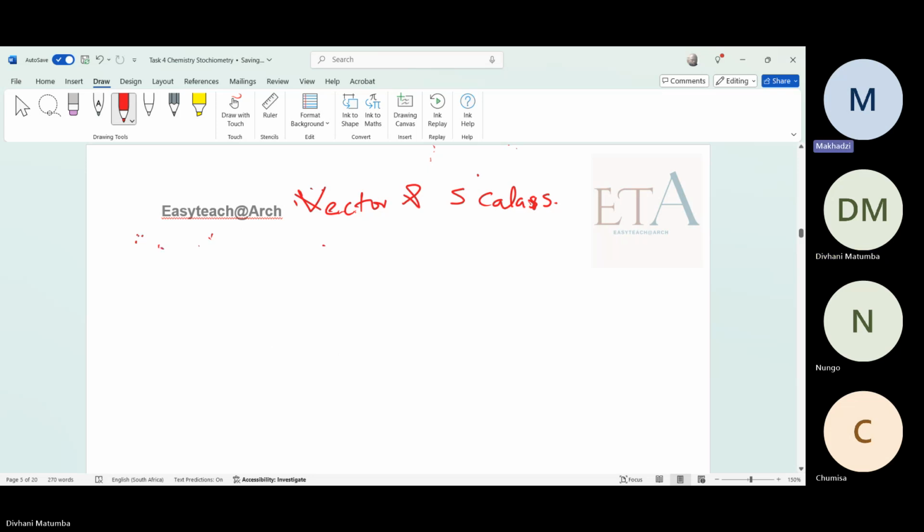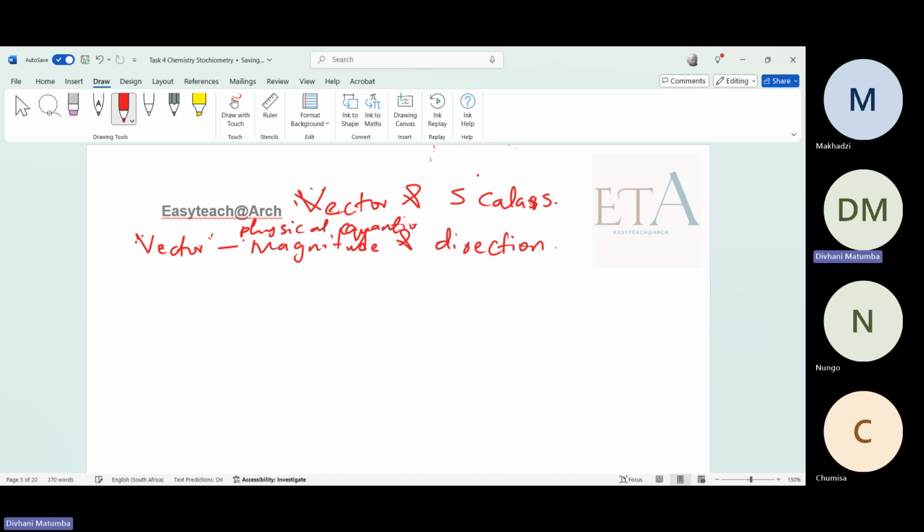It is a physical quantity with magnitude and direction. That's correct. Magnitude and direction. Okay, Nungo, what is a scalar? The scalar only has a magnitude but no direction. Okay. A scalar has only magnitude.